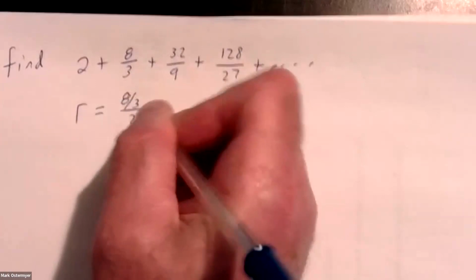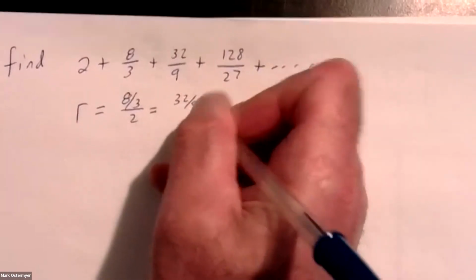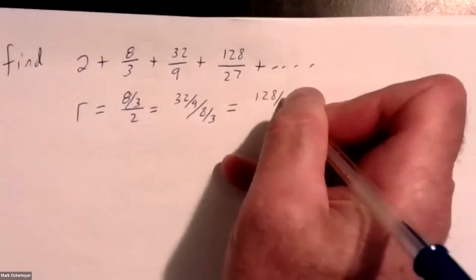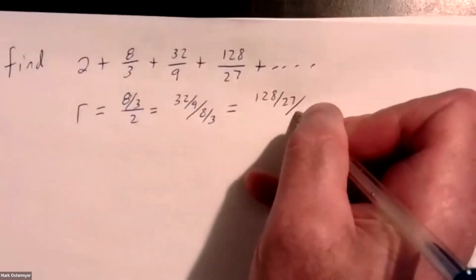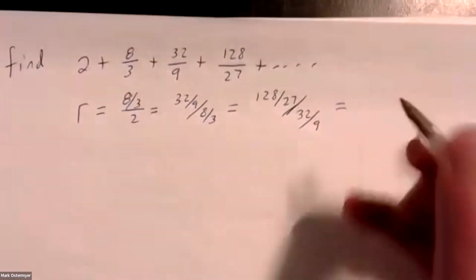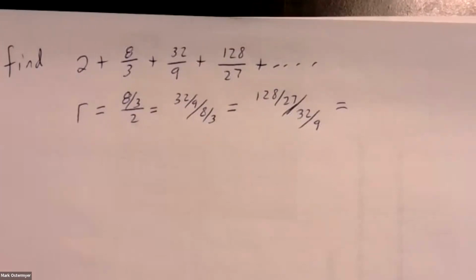Is 8/3 divided by 2 equal to 32/9 divided by 8/3? Is that equal to 128/27 divided by 32/9? Is that true? Is there a common ratio here, and if so, what would it be?